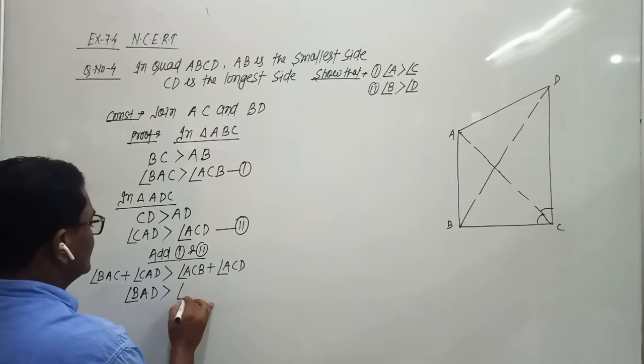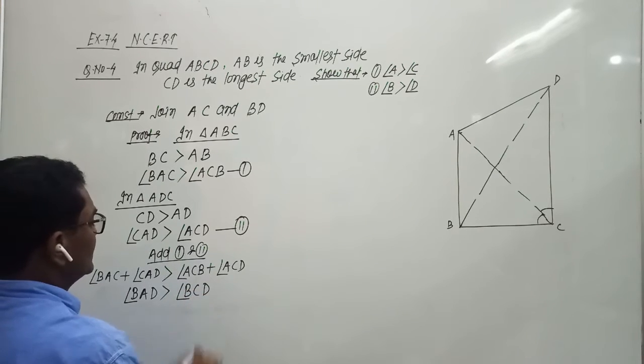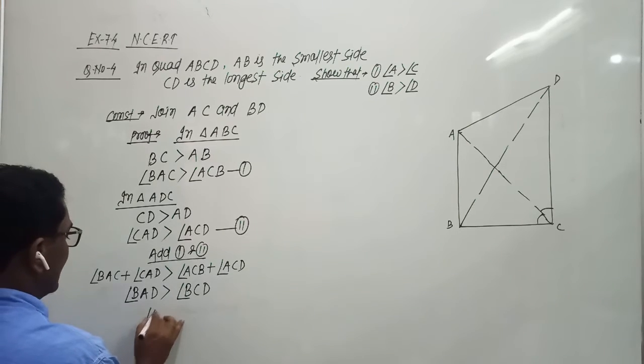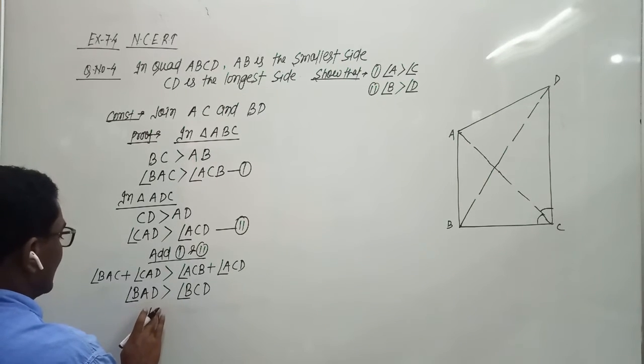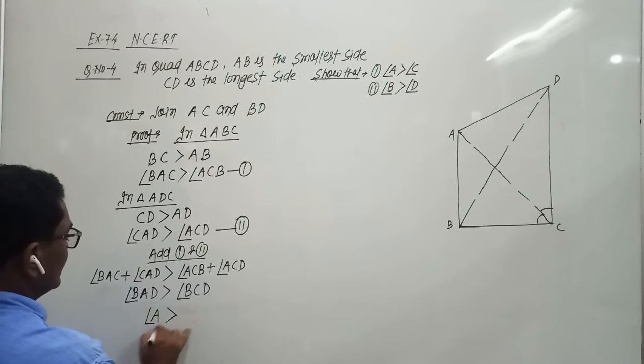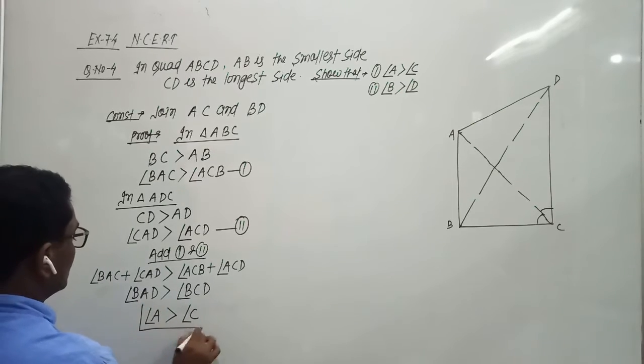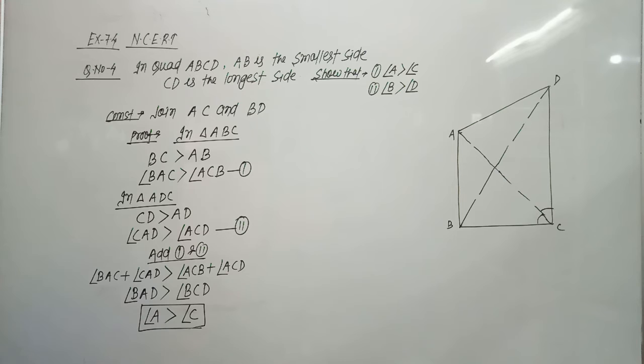So BAD is greater than angle BCD, and BAD can also be written as angle A, and BCD as angle C. So the result which we get, angle A is greater than angle C.